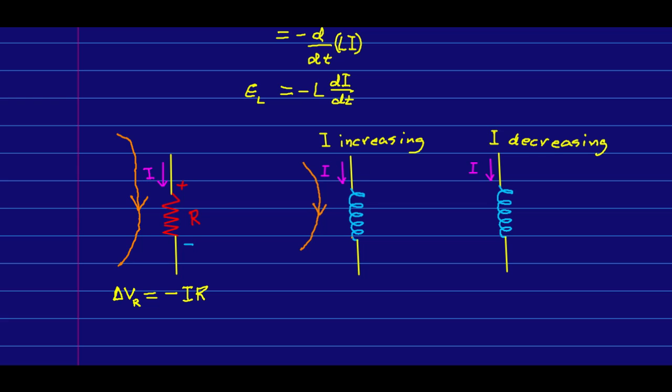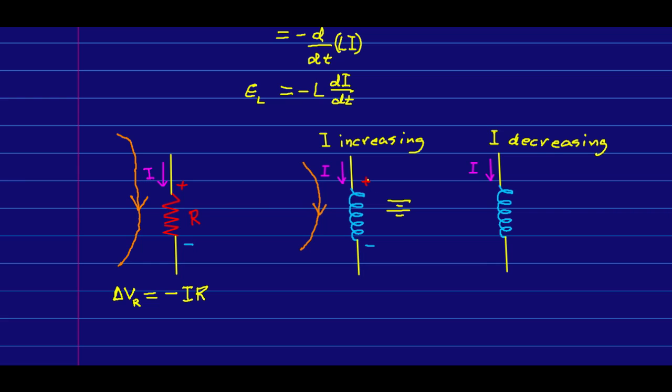Now, suppose you're doing the same thing, tracing through a circuit going in the direction of the current. If you are tracing through an inductor and the current is increasing, then that means that your current is positive, your di by dt is also positive, and the EMF expression we have here tells us that delta V, or the EMF across the inductor, is going to be negative again. In other words, you're going from high to low potential. Or it's behaving just like a battery pointing this way, which makes sense.